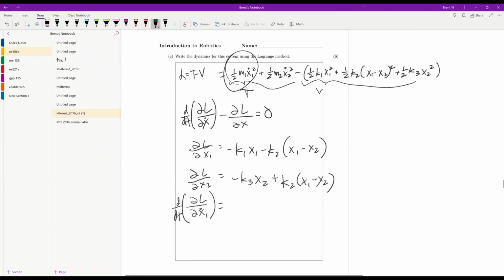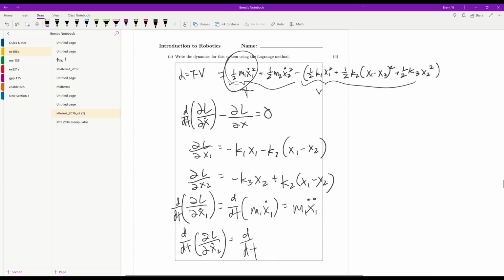If we differentiate it with respect to x1 dot, we get d over dt of m1 x1 dot, and that's equal to m1 x1 double dot. Same thing for x2 dot, which is d over dt of m2 x2 dot, equal to m2 x2 double dot. Okay, so now that we know these four things, we can plug them into this form.